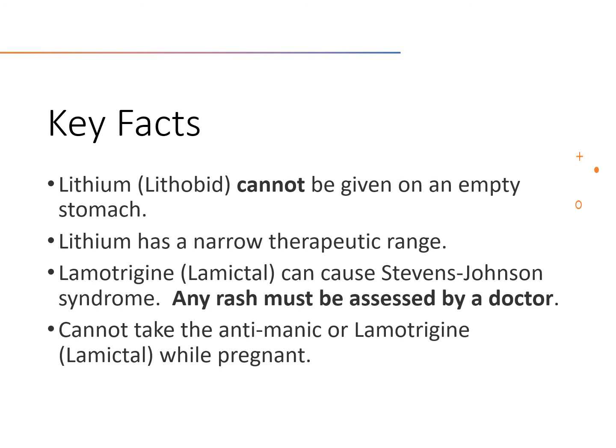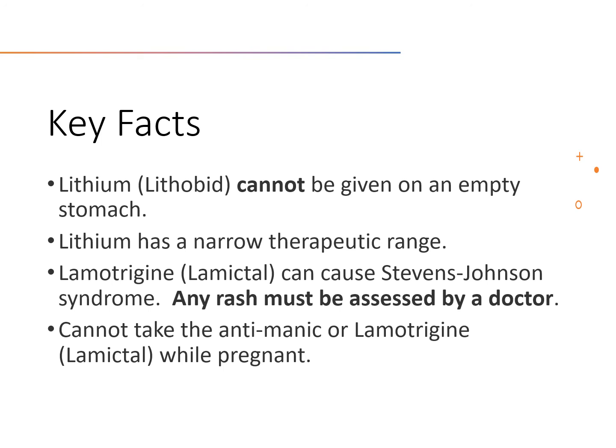Some other things that stand out: Lamictal, the generic name lamotrigine, can cause what's called Stevens-Johnson syndrome, and that's a rash in your mucous membranes that can be deadly. So it's very serious. Part of your medication teaching with them is that if they get any kind of rash, they have to have it assessed by a doctor.